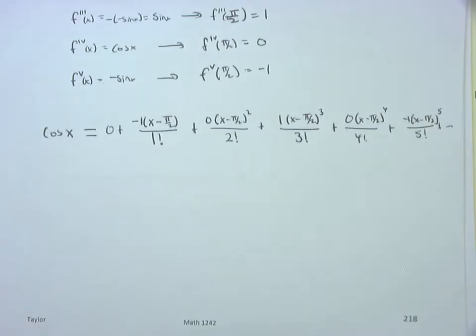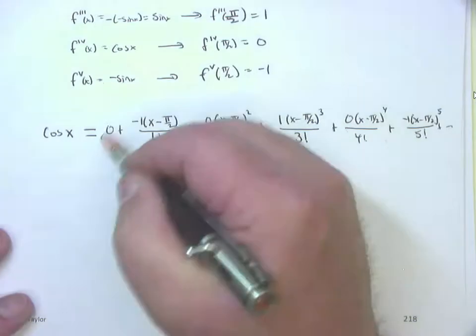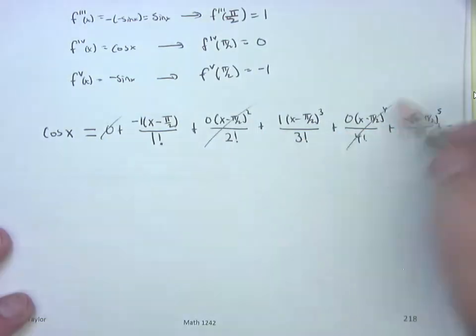But you're right. Beauty of the sine and the cosine stuff is at these centering points, half this stuff is 0. So you don't have to write that guy. That's gone, that one's gone, and that one's gone.